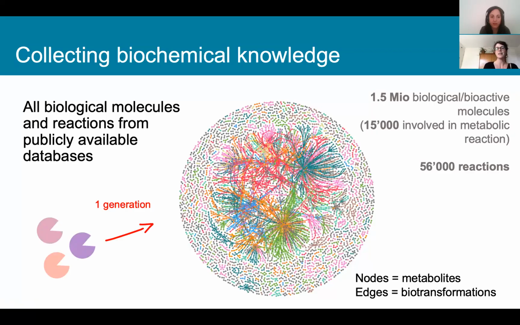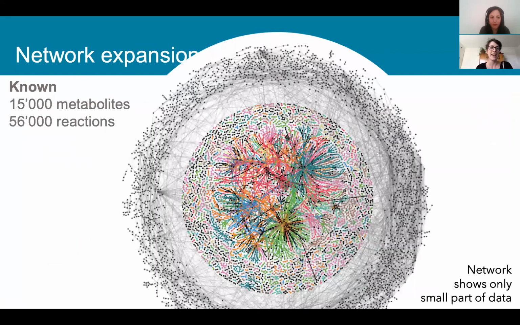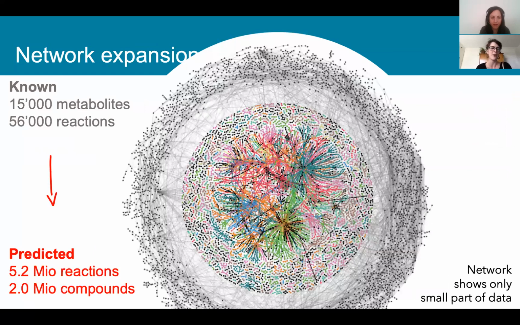Yeah, so we took all these 1.5 million molecules and we applied our B-nice reaction rules for one generation. And what we got was a huge network of predicted reactions. So starting with these 1.5 million molecules, we predicted 5.2 million reactions that involved 2 million compounds.